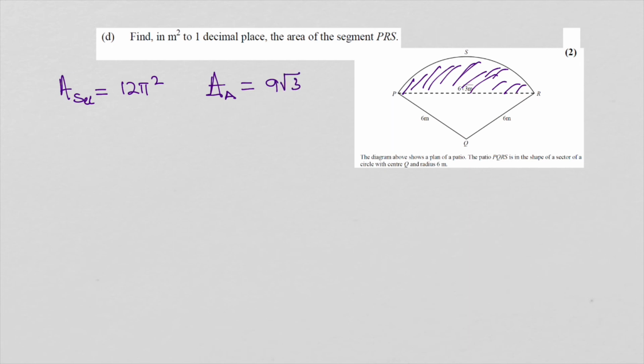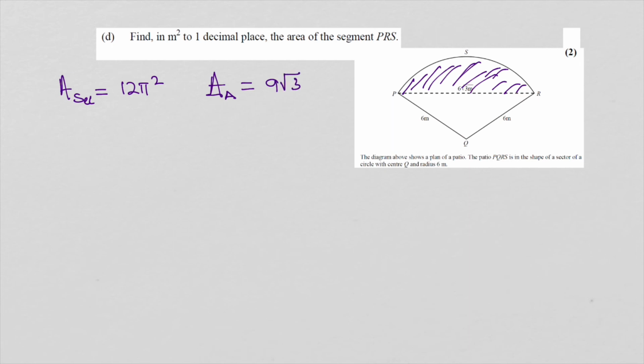D. Find in meters squared to one decimal place the area of the segment PRS. PRS is a segment, so if I shade that area, this is a segment, that's what we want. We want to find that area. We found earlier that the area of the sector equals 12 pi, and the area of the triangle equals 9 root 3.